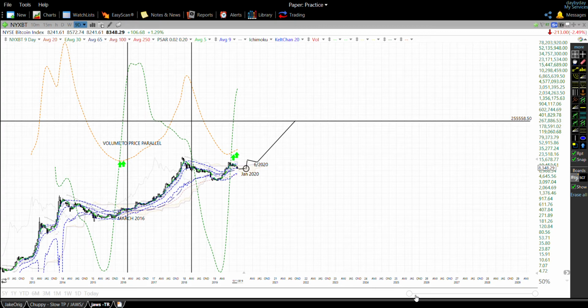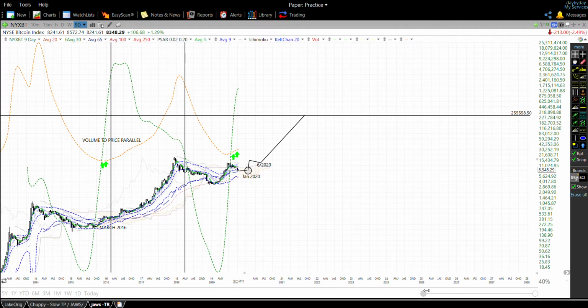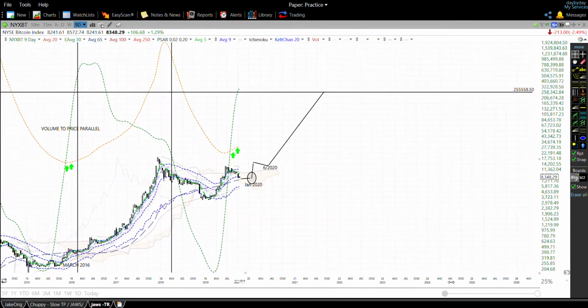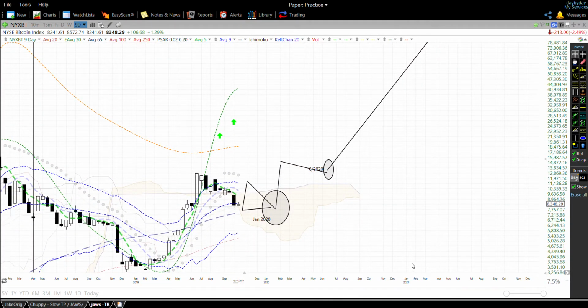Now, that being said, I do see certain signals on the micro that do suggest we will have some upside and that we won't completely trade flat. And I'm going to show you what all of that looks like zoomed in. So that would put us in this range of the 65 MA on the 9-day and lead us to resistance of a lower high right here into this Kelt band.